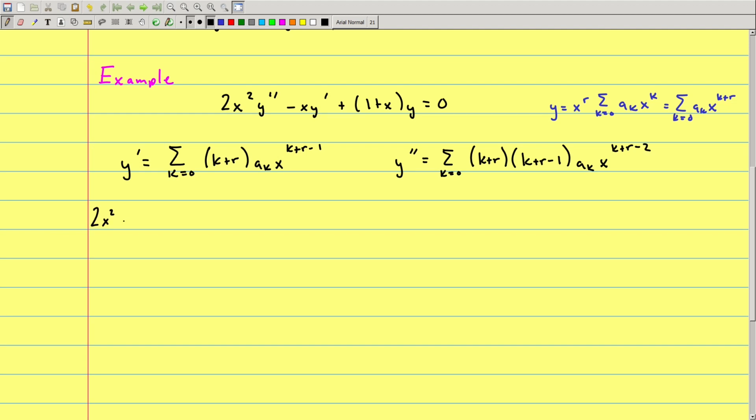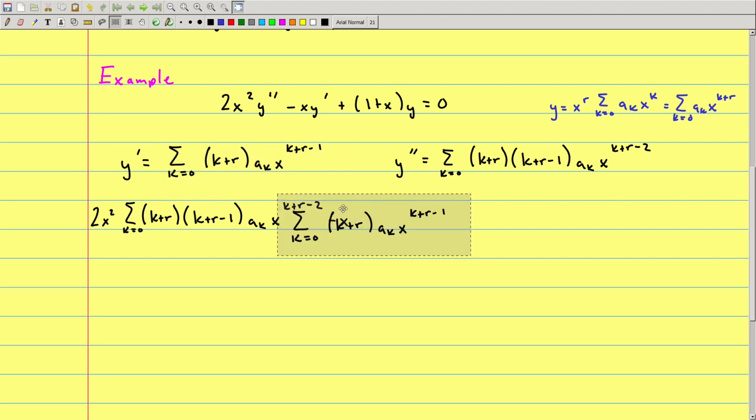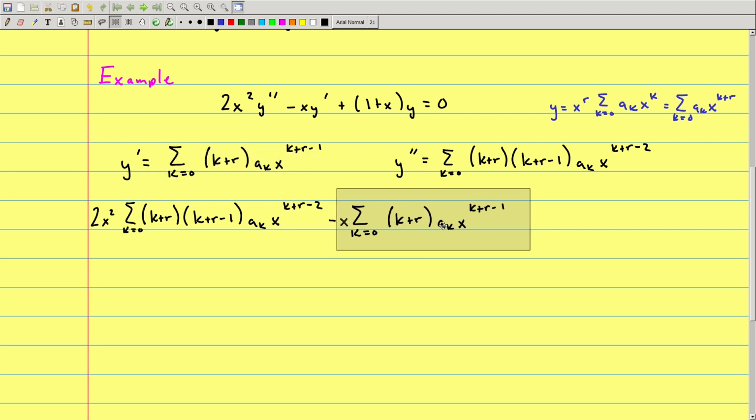So we get 2x squared times the sum from k equals 0. And then we can just copy and paste all this. And then minus x times this.